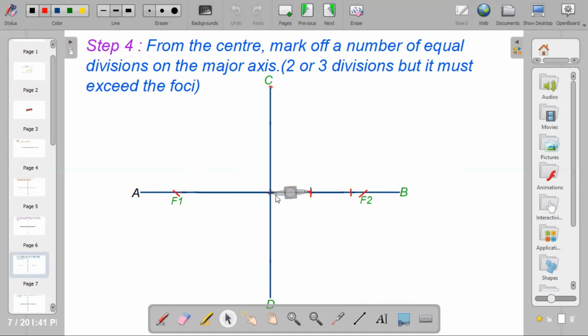So you bring out your compass using any convenient radius. Place it at the center of the line, strike an arc, and mark off 2 or 3 divisions. This is 1.